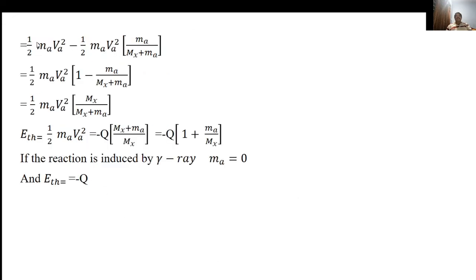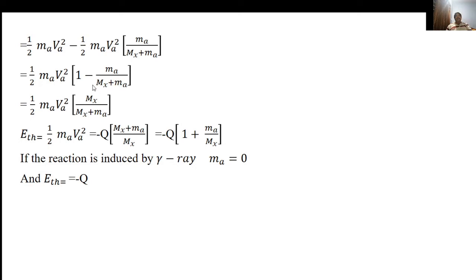That is equal to 1/2 ma Va² minus 1/2 ma Va² into ma by (mx plus ma). Now in this equation, we can take 1/2 ma Va² as common. Then we get 1/2 ma Va² into 1 minus ma by (mx plus ma).